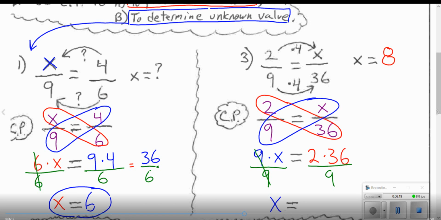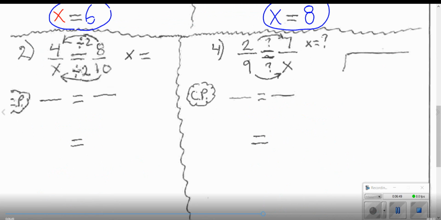And on the other side, hopefully you can see that 9 can go into 36, right? 9 goes into 9 once, 9 goes into 36 4 times. So now we just have 2 times 4. 2 times 4 is 8. See that? It matches. It works. So whether you use cross products or the other.